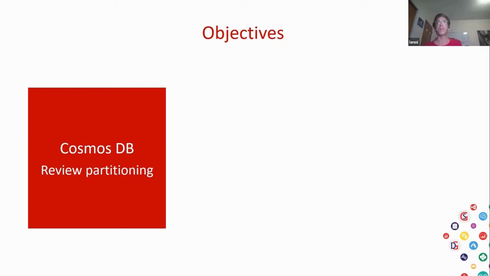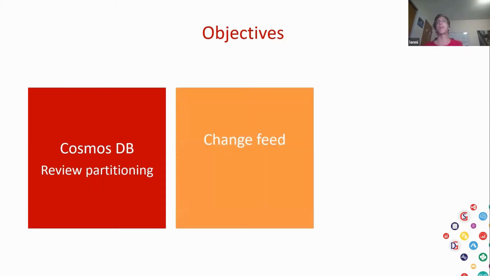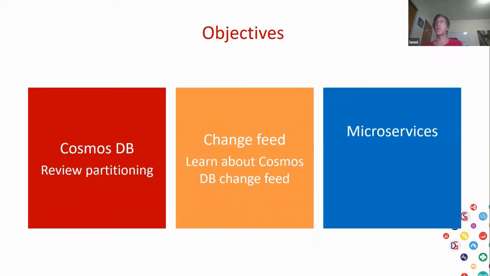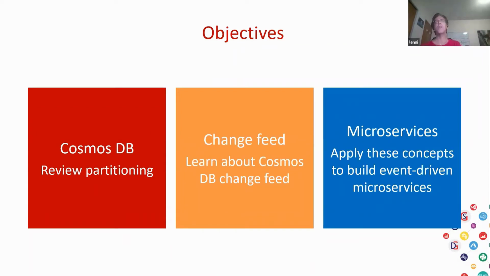There are many other aspects, of course, but partitioning is core. So we'll review those concepts, and then we'll look at the change feed and see how partitioning affects the change feed, and how that understanding will enable us to build those microservices. And these will be event-driven microservices because they are going to be driven off the events coming out of the change feed.